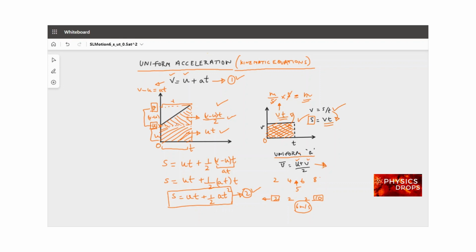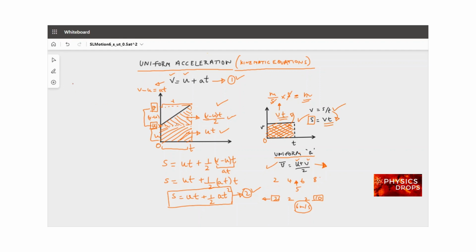If the acceleration is uniform, the same velocity is added every second to the object. So for the entire time interval, we can say initial velocity plus final velocity by 2, which is the average of initial and final velocities, is u plus v by 2. This is true for uniform acceleration.